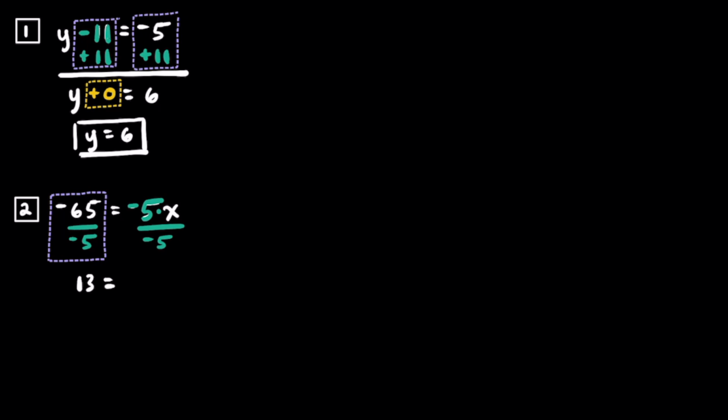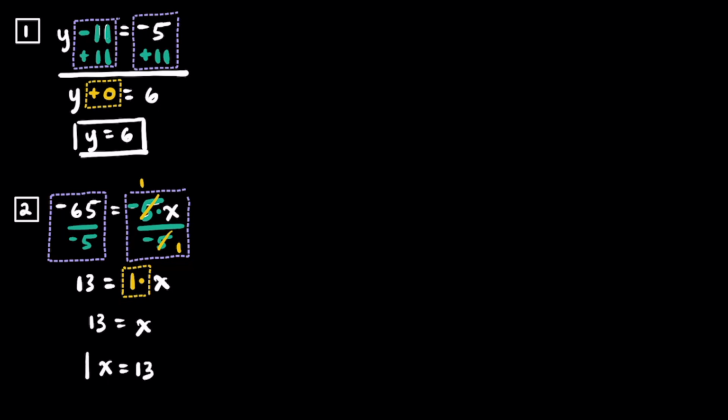And on the right side, when we take this negative 5x and divide that by negative 5, these negative 5s are going to cross cancel with each other to make 1s, and we can go ahead and write 1 times x on the right side of the equation. We don't really need to write this times 1 anymore because of the identity property of multiplication, so we can say 13 is equal to x, or turn this around and say x equals 13. There's our answer.